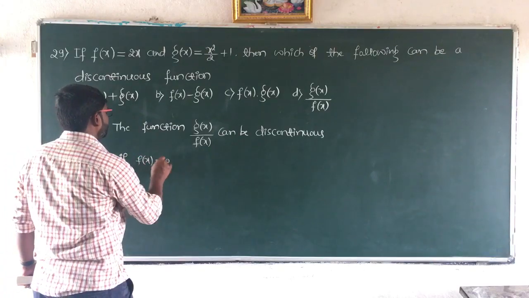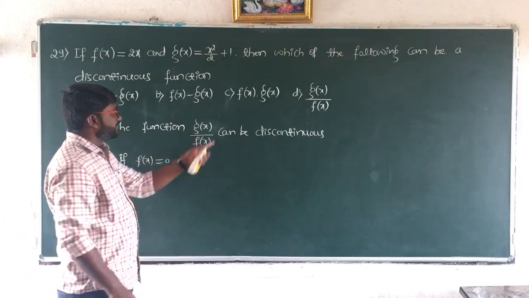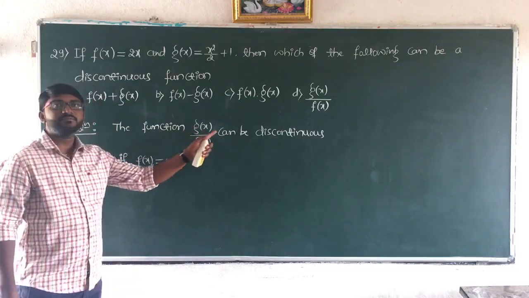That means if the denominator becomes 0, then g of x divided by f of x becomes discontinuous.